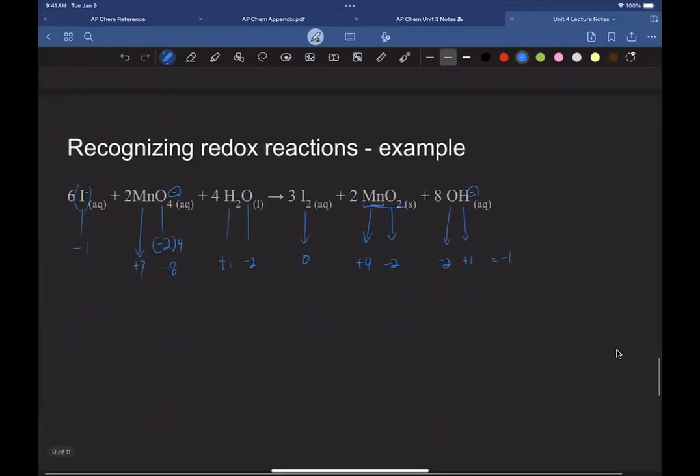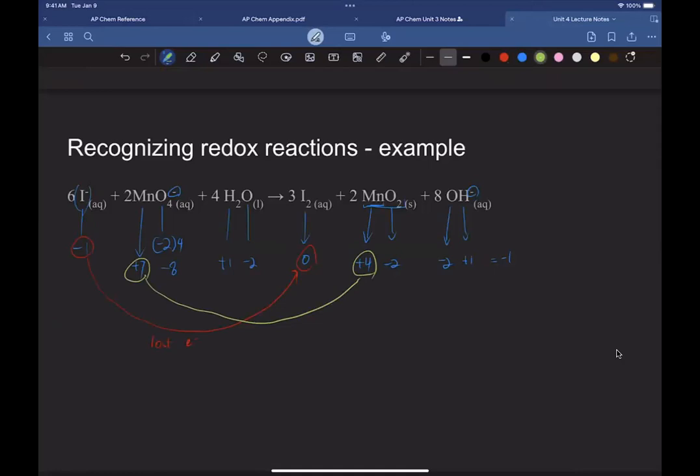So we have to compare before and after. Let's look at I. It became more positive: from -1, it became an oxidation state of 0. So it must have lost electrons because it became more positive. How about Mn? From +7 to +4.